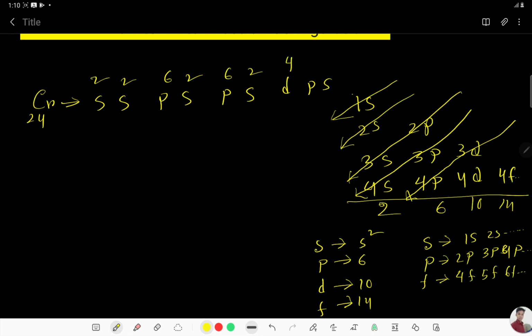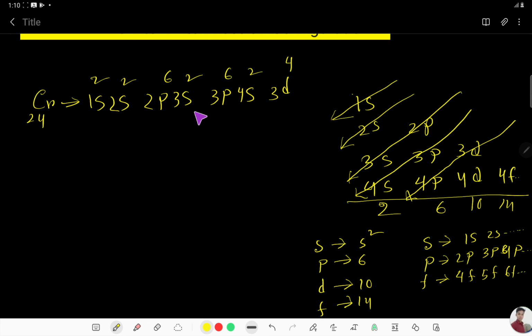So we don't need this. Now place the numbers: 1s, 2s, 3s, 4s. Then p will start with 2p, 3p, and d will start from 3d. So this should be the electron configuration of chromium.